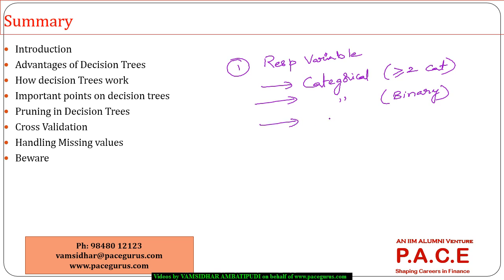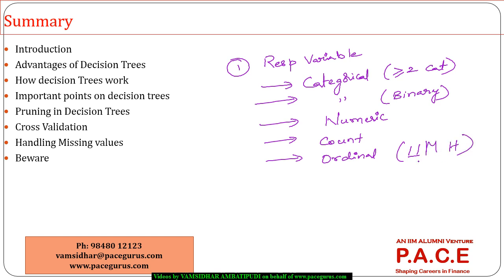I could also look at numerical, where the response variable is a complete numeric variable, or in some cases a count variable, or an ordinal variable like low, medium, high, or a time to event kind of variable.